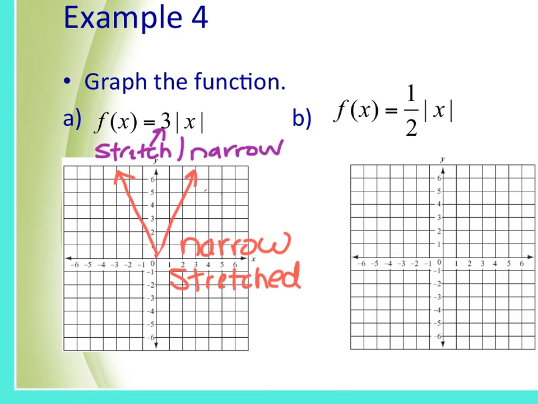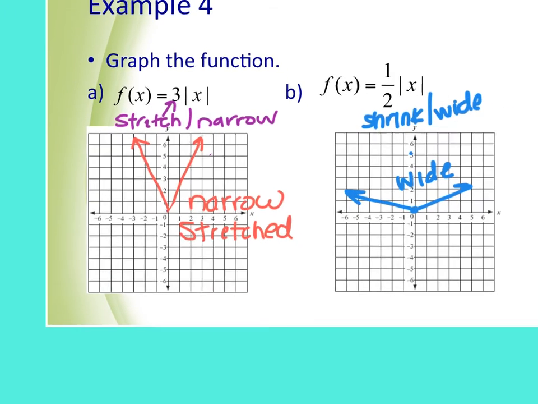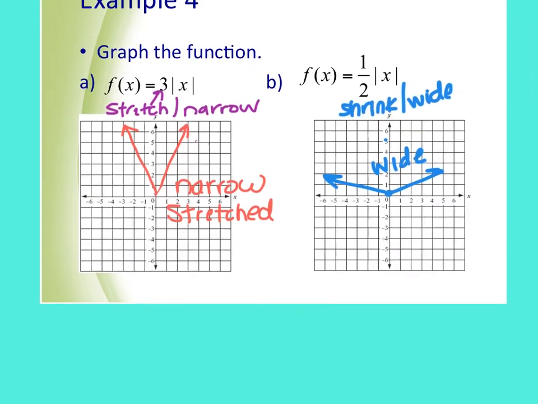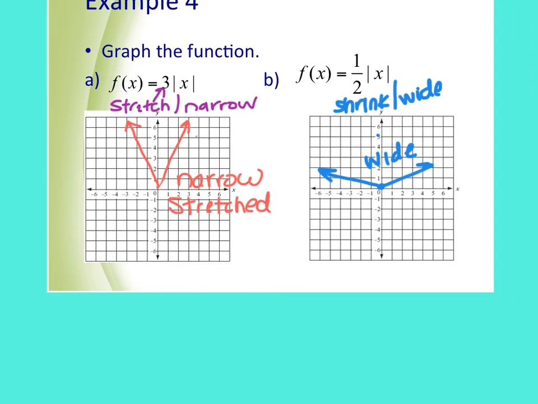And then the 1/2 is making it shrink or wide. So you'll do it just like that. Because things like square roots and cubic, they can't really get narrower. They get taller or wider.